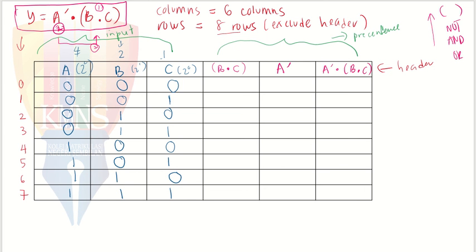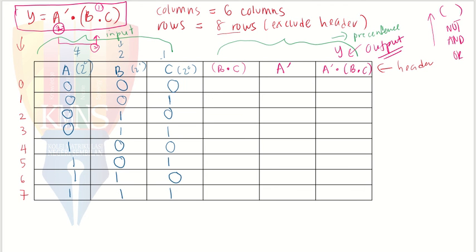Or you can set this equal to y. For this column, either you copy the whole expression, or you can represent the last column as the output. So the last column will be the output. Now, because you already completed the column headers, you need to complete the values inside the table.